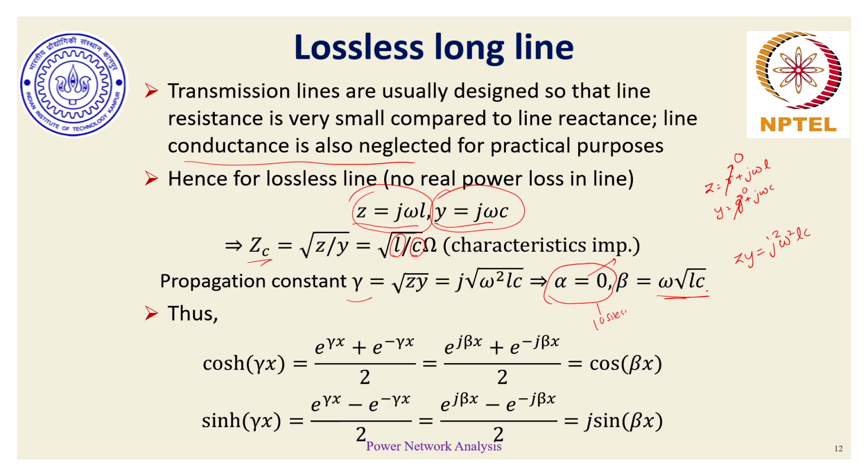Beta becomes omega root over LC, and our hyperbolic functions simplify to pure transcendental functions, the cosine and sine functions. Again, remember, j is the square root of -1.